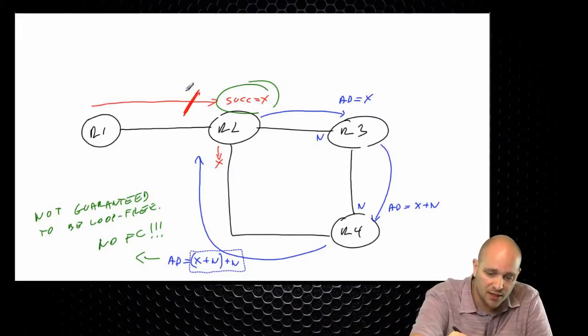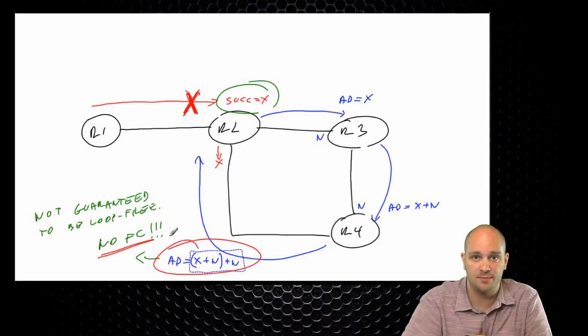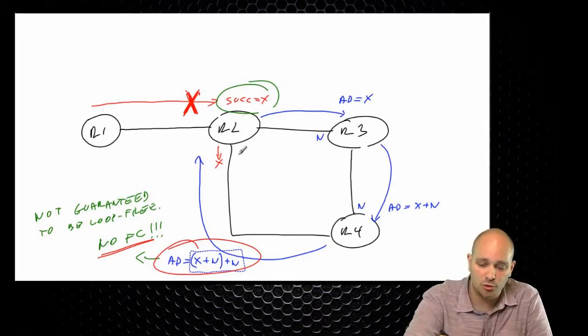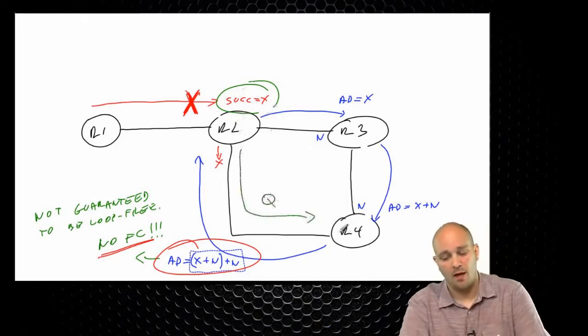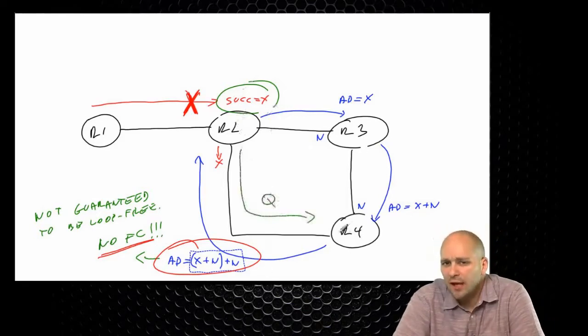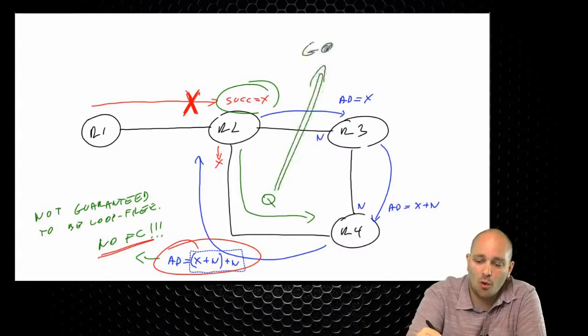If we lose this route here, the router cannot simply promote it because we have not passed the feasibility condition. What R2 needs to do is send out a query asking R4, hey, do you still have this route? Basically, what R2 needs to do is what we say, go active on the route.